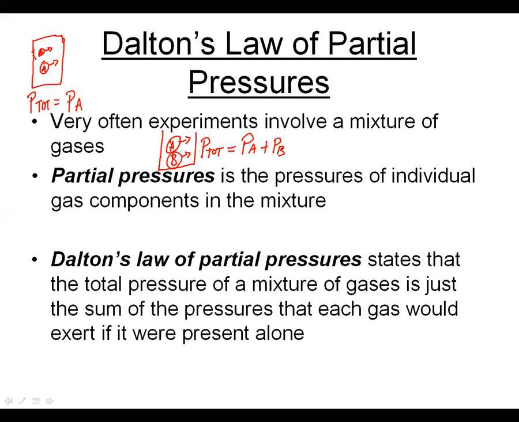As A is flying around and causing collisions, and B is flying around and causing collisions, they are both causing pressure associated with that mixture of gases.